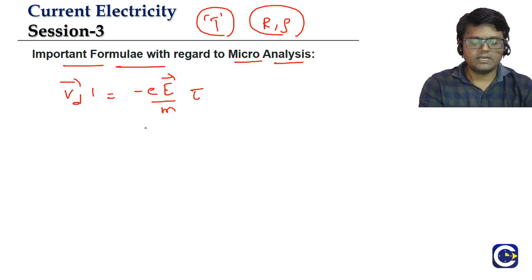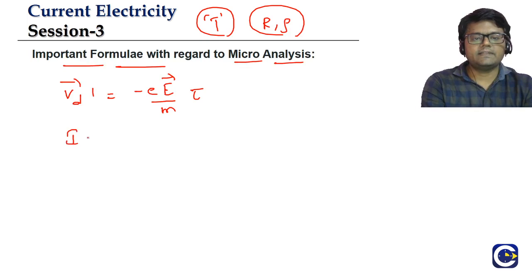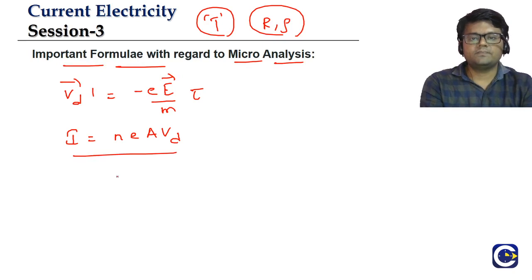So this is the drift velocity. Then we have the current expression. Current will be equal to N e A into the drift velocity magnitude. This is the formula for current we saw.